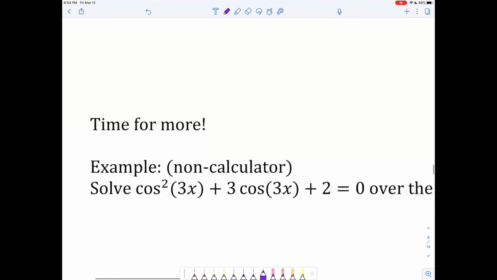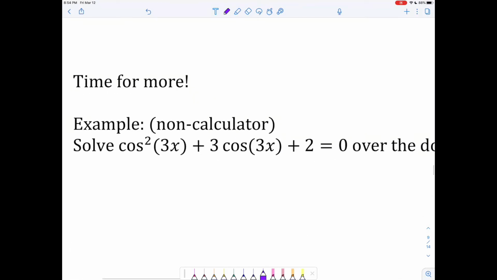So looking at this equation, give it a try on your own first, see what you can do. If you want, on scrap paper, you can try solving a slightly different equation. So you could let 3x be represented by some other variable.